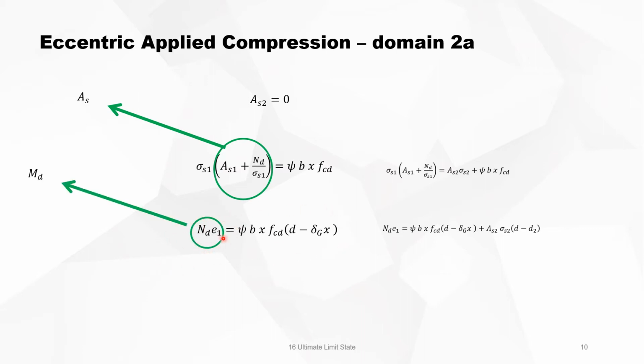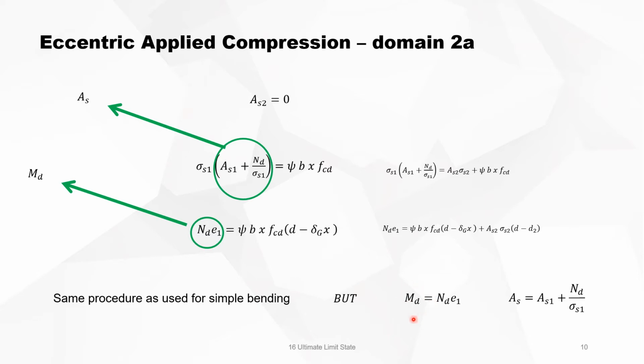If you take NdE1 as the applied bending moment, then you will see that we can apply the same procedure for calculating reinforcement as used for simple bending, on the condition that for the bending moment we take ND times E1, not ND times E0, but ND times E1, and for the reinforcement we have the AS1 plus ND divided by the stress.